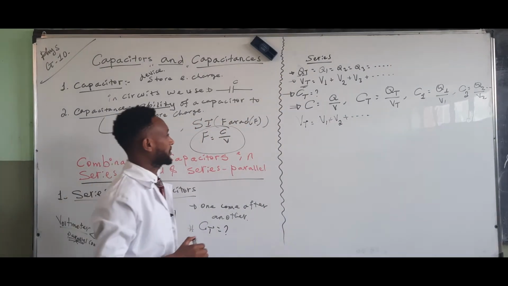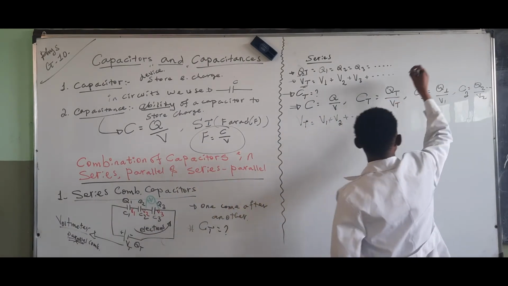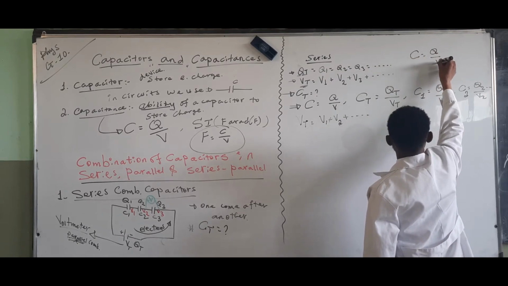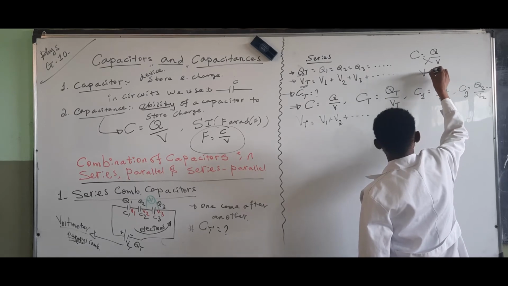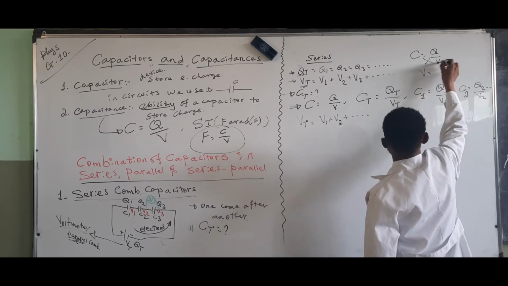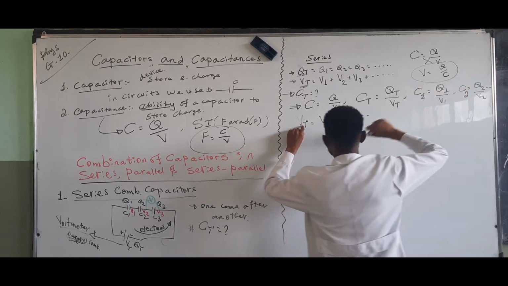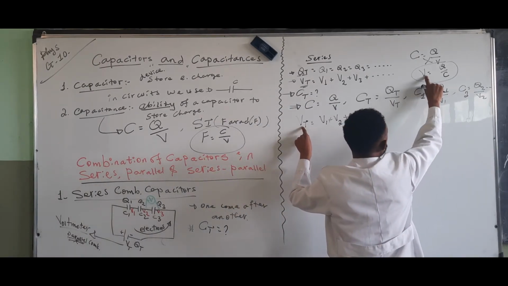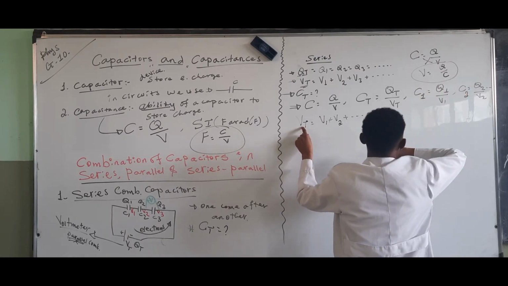So let's sum them up. Since the capacitance is the charge stored over the voltage, we get that voltage is equal to charge over capacitance. So the total voltage is equal to the total charge over the total capacitance.